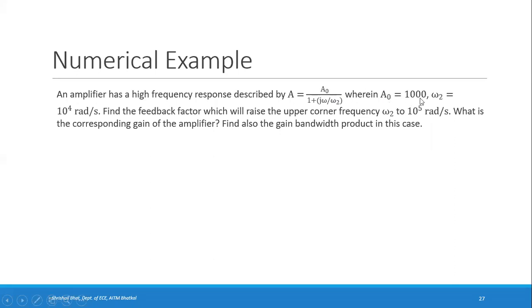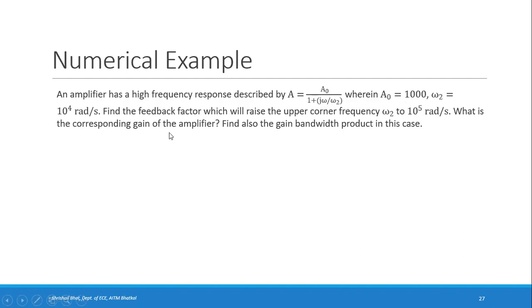That is equal to 1000, and omega 2 is 10 raised to 4 radians per second. It is the bandwidth without feedback. Find the feedback factor which will raise the upper corner frequency omega 2 to 10 raised to 5 radians per second. That means with feedback, omega 2 will be 10 raised to 5 radians per second.